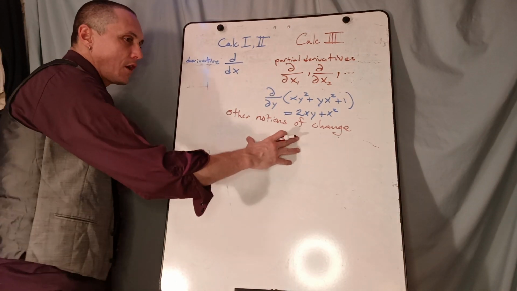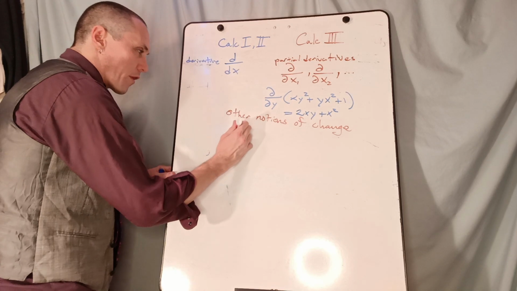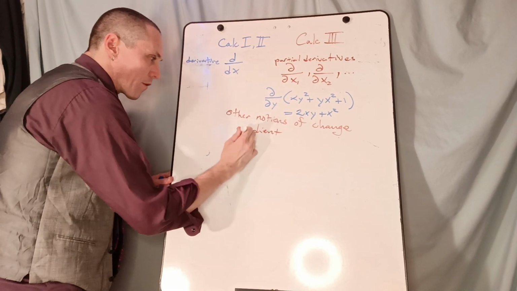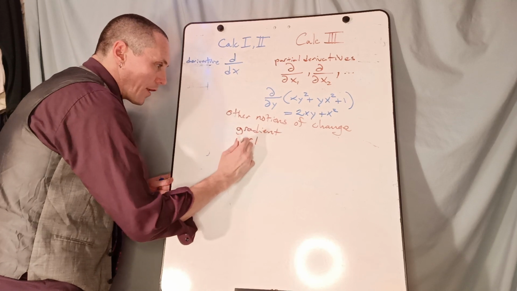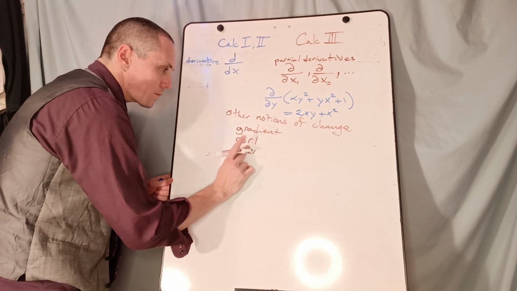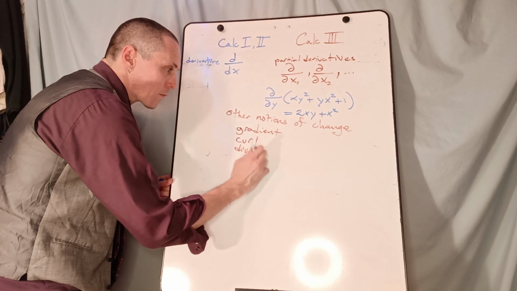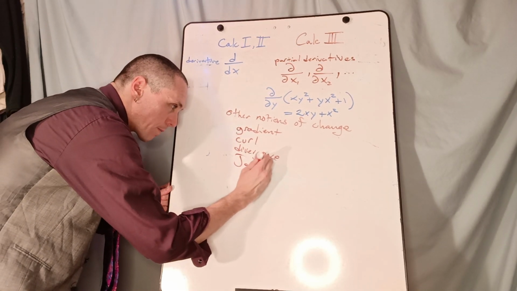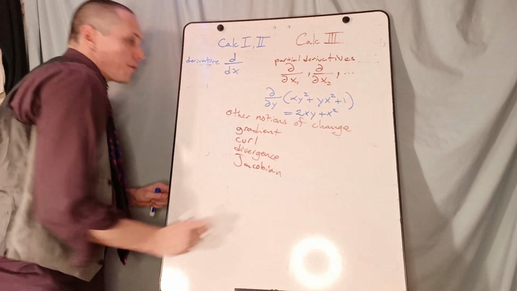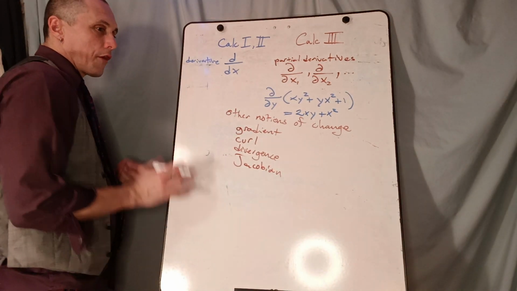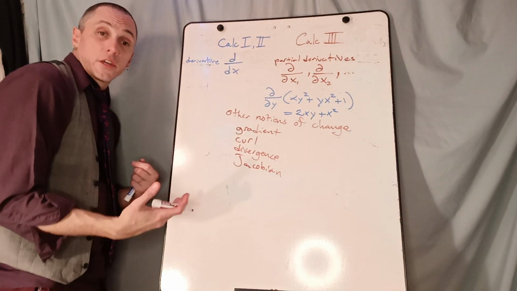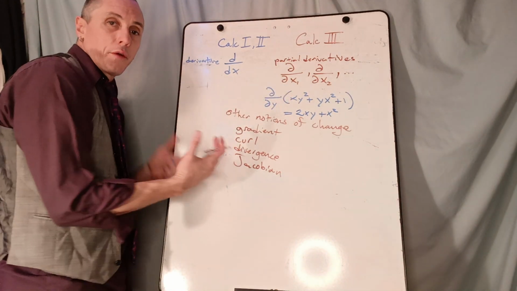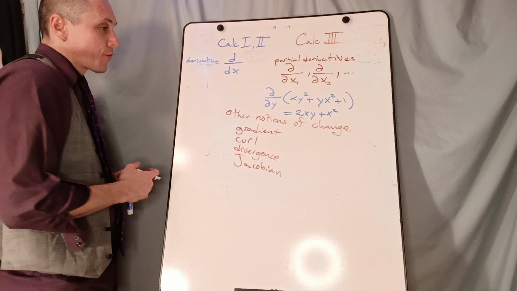We're going to be learning about things like the gradient, things like curl and divergence, things like the Jacobian, and other kinds of quantizations of change when several variables are allowed to move in this regard.